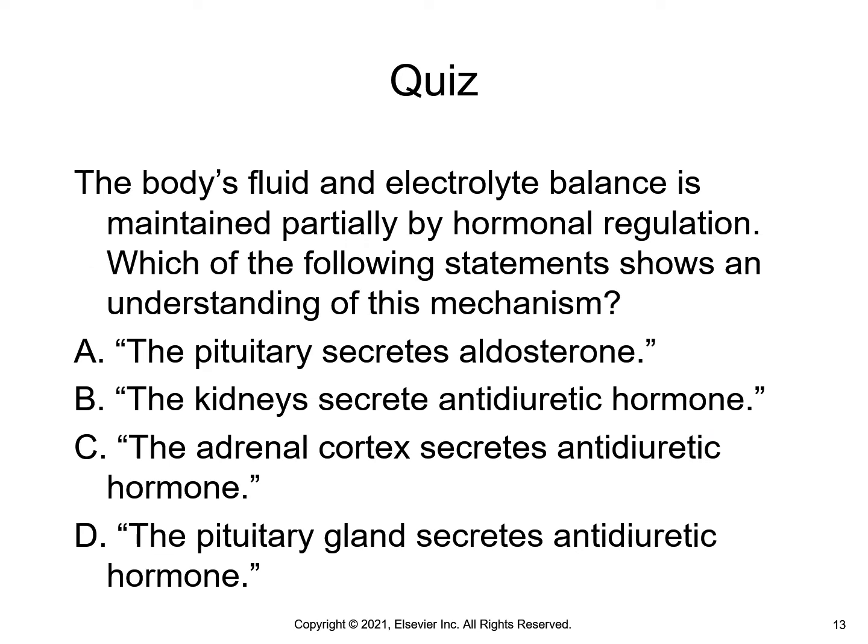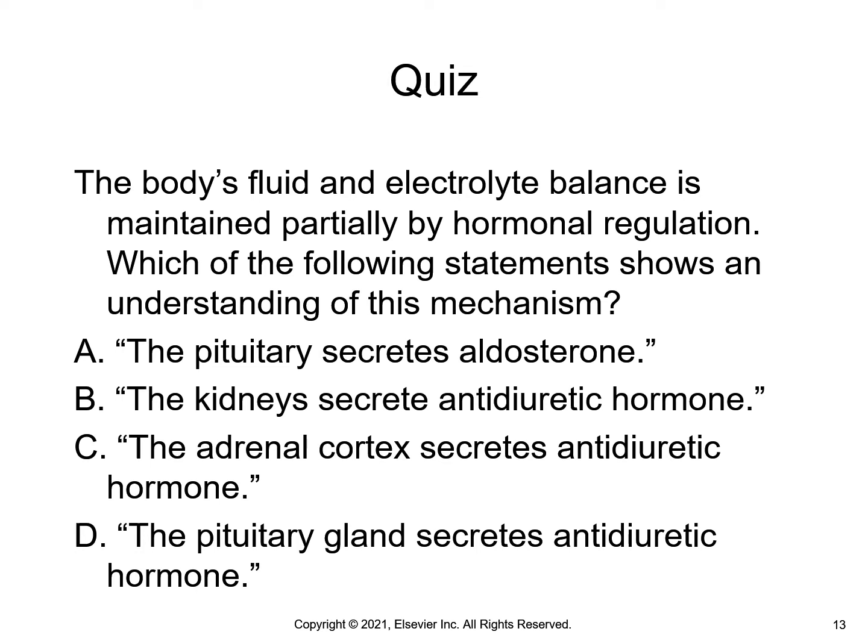The body's fluid and electrolyte balance is maintained partially by hormonal regulation. Which of the following statements shows an understanding of this mechanism? A: The pituitary secretes aldosterone. The kidneys secrete antidiuretic hormone.